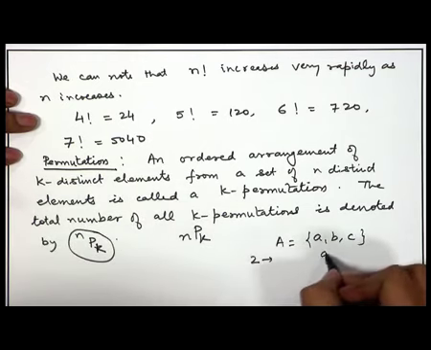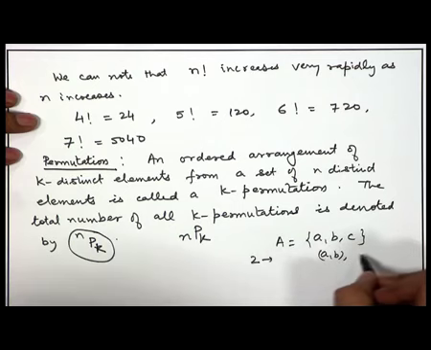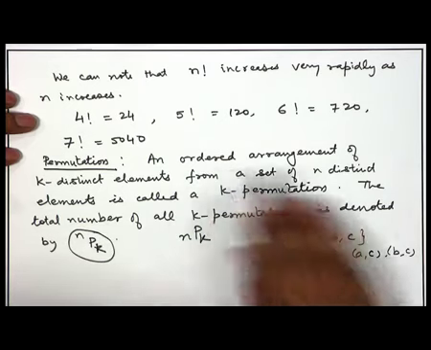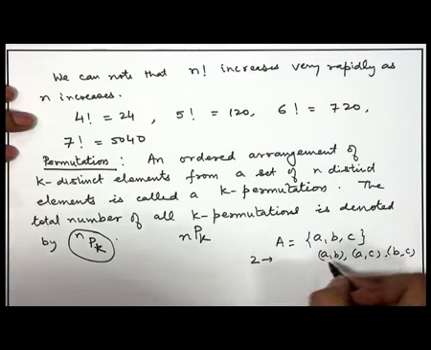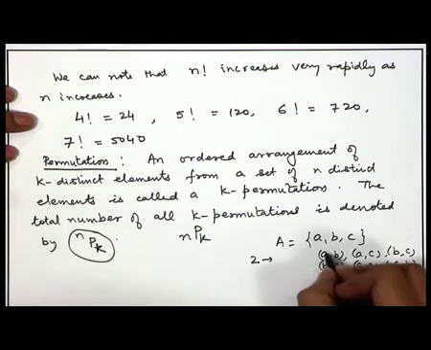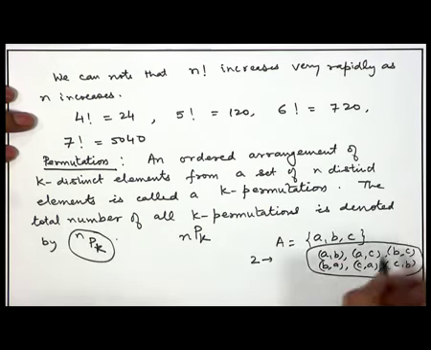So, I can choose AB, AC, BC, but if I am looking at the ordered arrangement, then I will also count BA, CA and CB. So, total such arrangements becomes 6 cases.